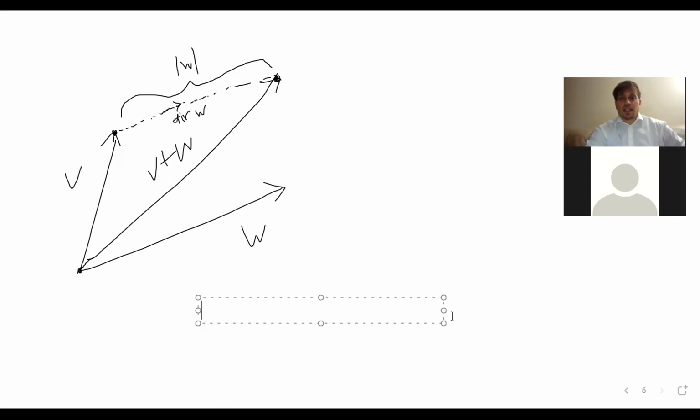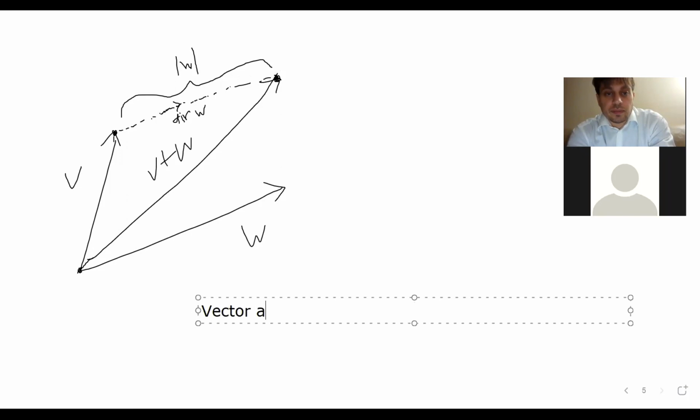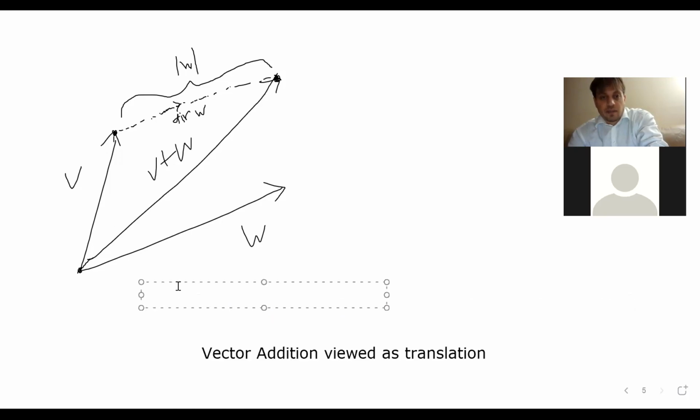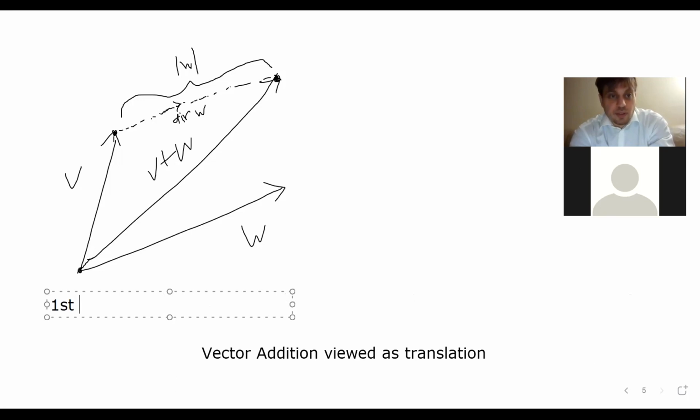So this is part A, vector addition viewed as translation, and specifically, this is the first way to view it.